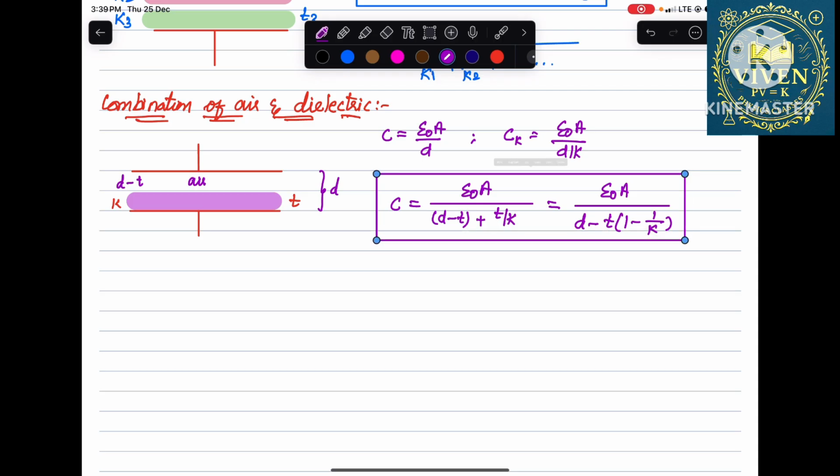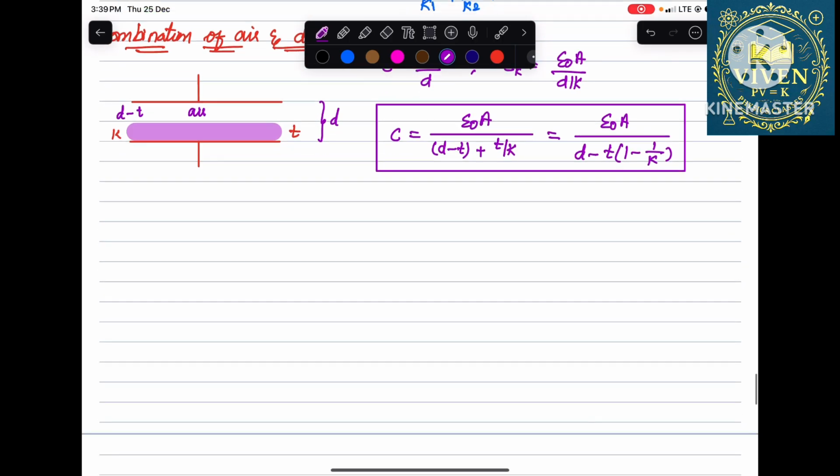You can ask me, sir, what if there are multiple dielectrics? What if it is a multiple dielectrics plus air combination? Let us see that also. Previously we just learned a single dielectric and air.